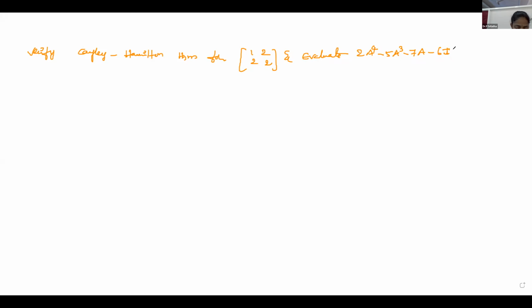All of you do this problem and tell me what is the answer. Before that, roll number 66. Are you there? 69. 76. 80. 88. 99.